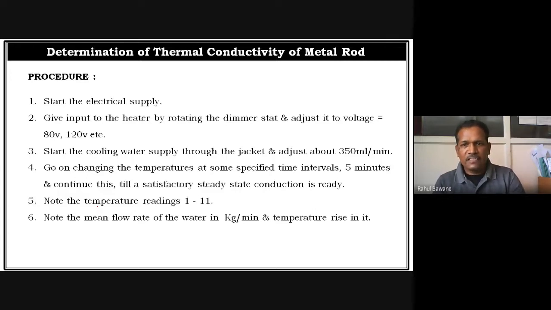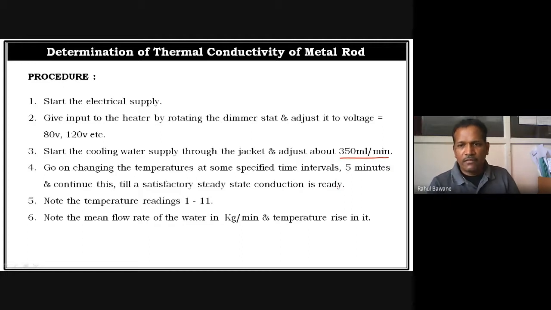So when we set a particular voltage, the corresponding current will be displayed. Then we have to start the cooling water, and we have to maintain a flow rate of about 350 ml per minute. It might be 300 ml per minute. Never go above 350 ml per minute.